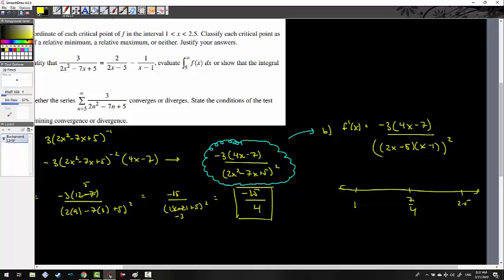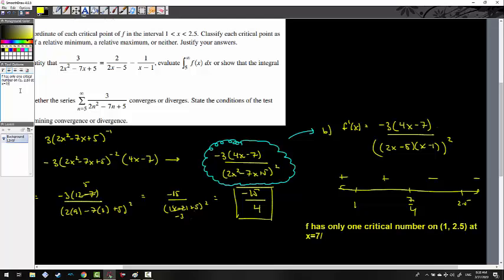From here, the linear function up top is an upside down line, so he'll go plus, plus, minus, minus. And since we're going from plus to minus at 7/4, we can then say f has only one critical number on the interval 1 to 2.5 at x equals 7/4.